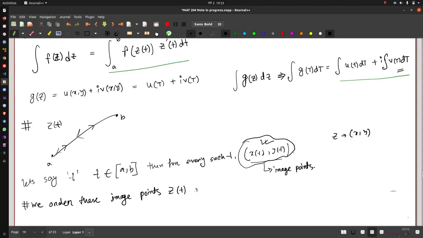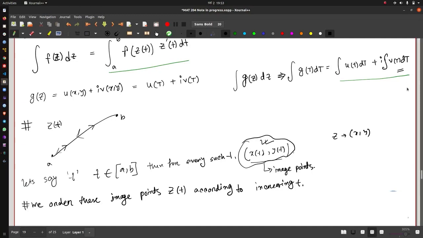We order these image points according to increasing t.